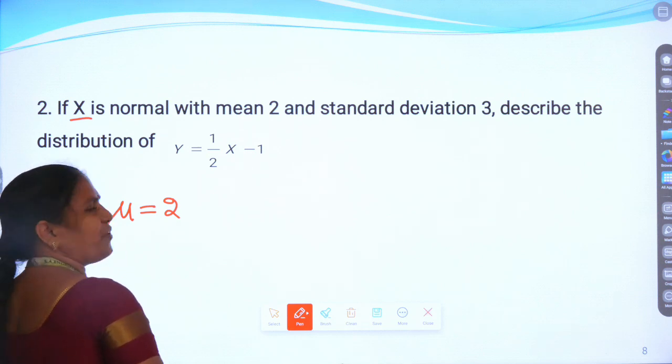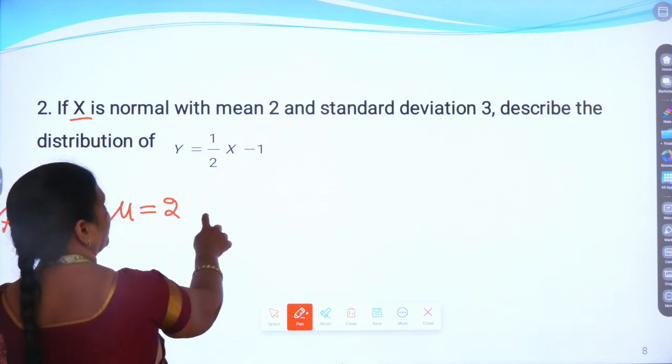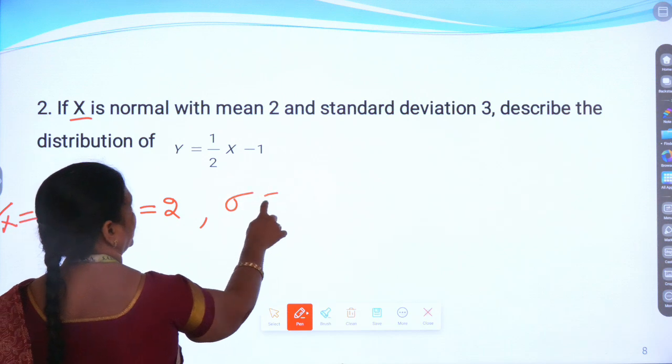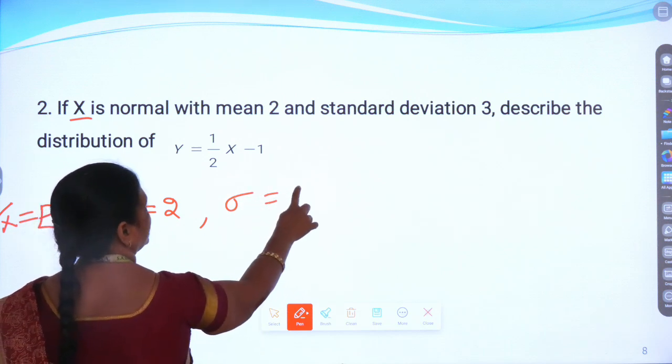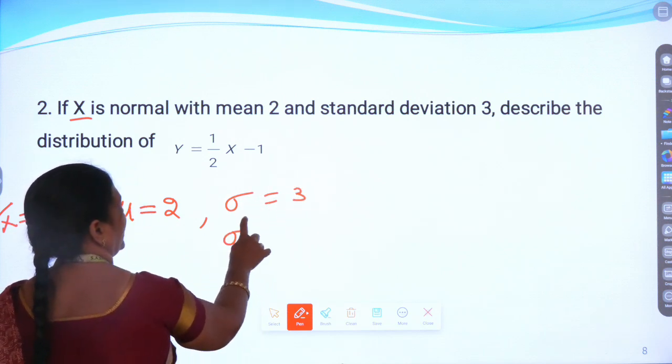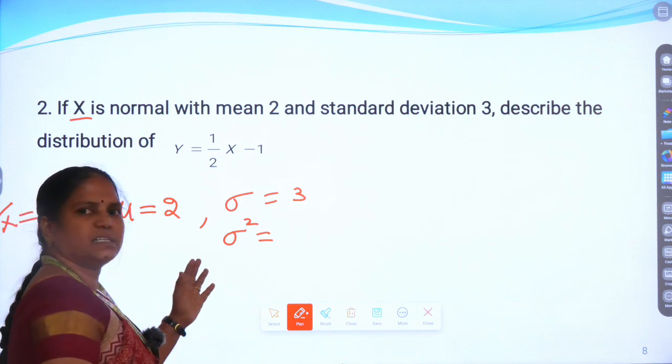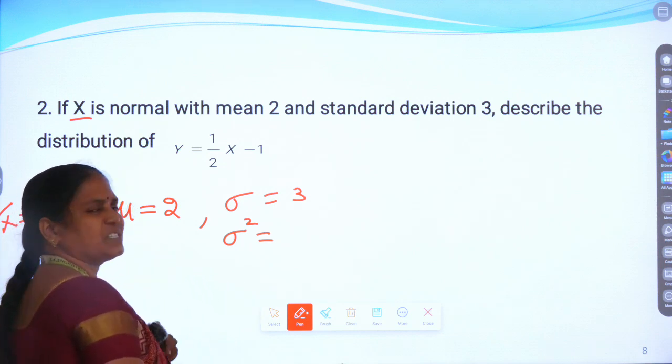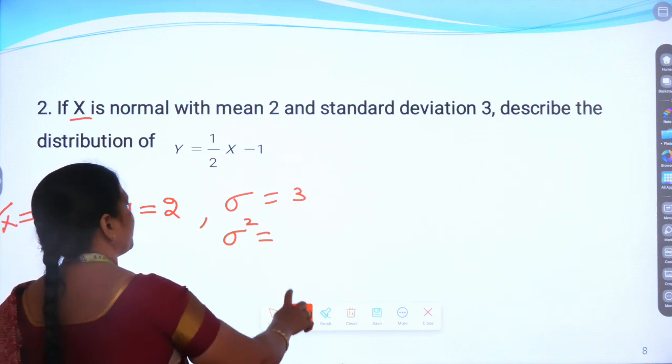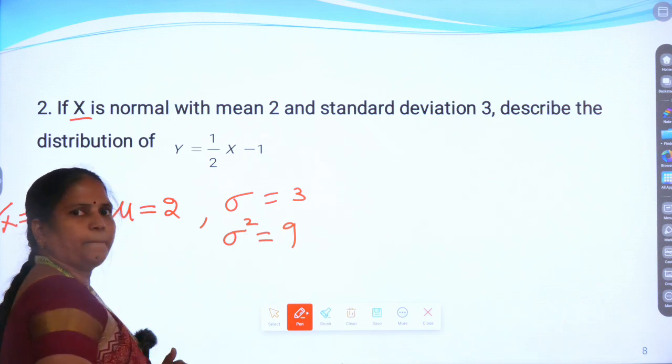So expectation of X is 2, and the standard deviation they have defined here is 3, but we need the variance value also. Variance is nothing but the square of the standard deviation, so sigma square is equal to 9.